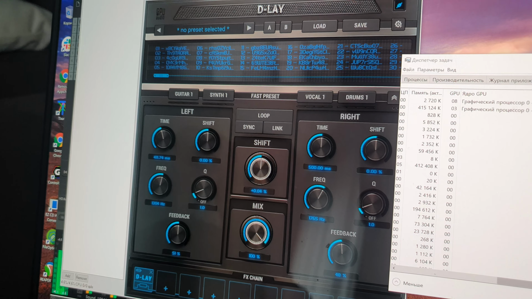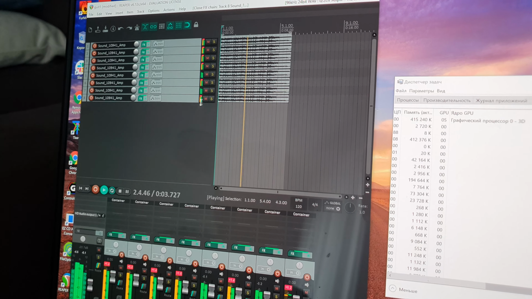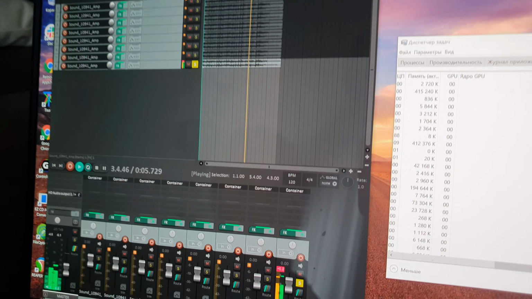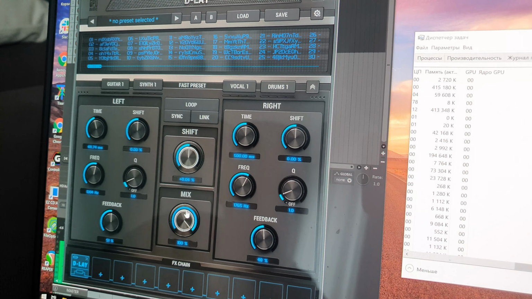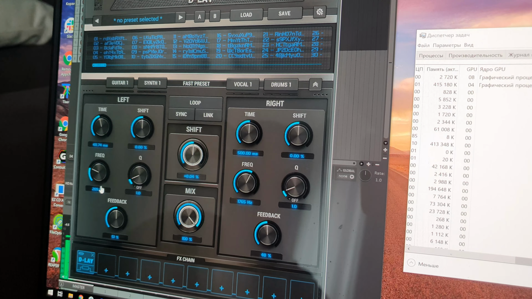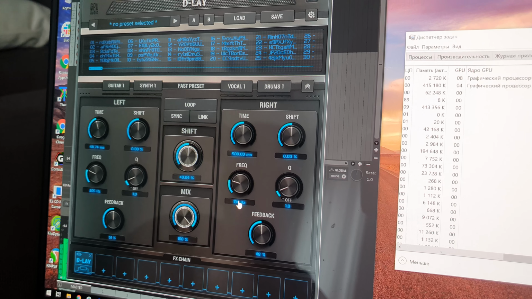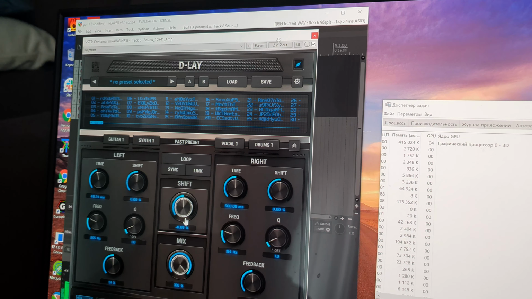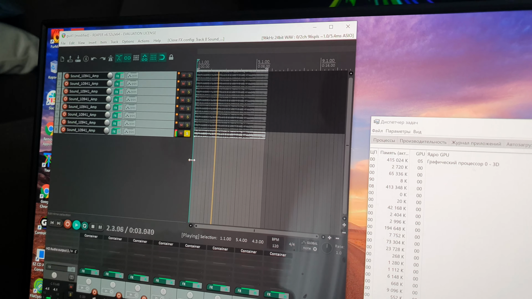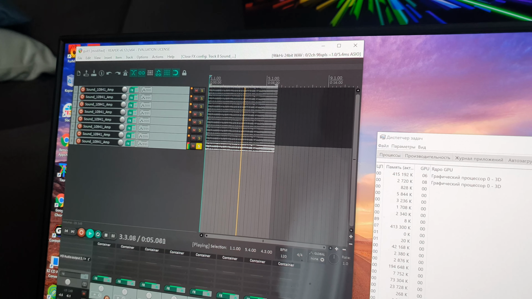Just mute all of the tracks instead of one. This should work, I believe. Yeah. Open GUI. Yeah. So let's unsolo. Let's return this back. Yeah.